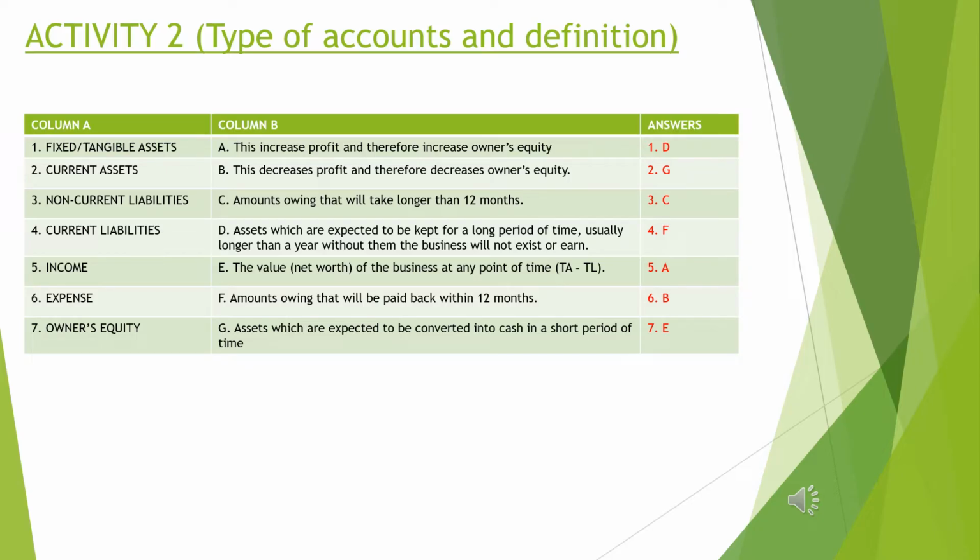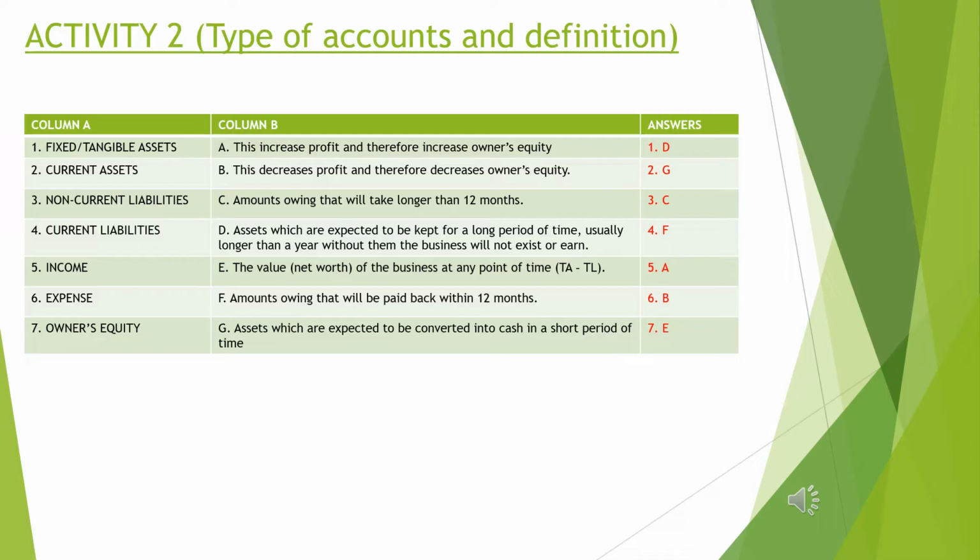The first definition says A, this increases profit. So it has positive effects towards your profit and therefore increases owner's equity. If they say therefore increases owner's equity, it means that it has positive effects towards your profit.